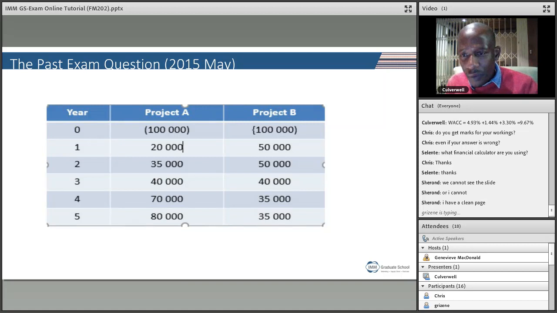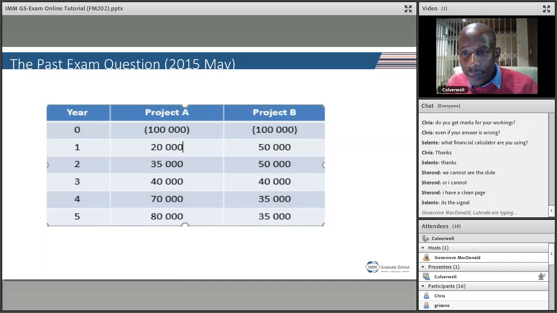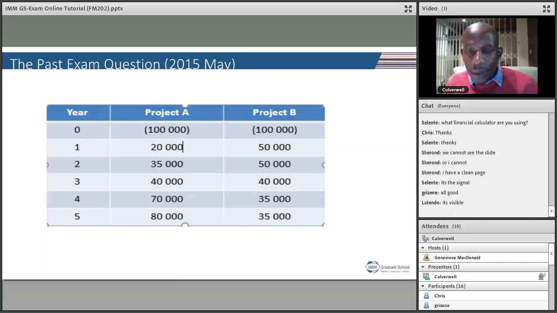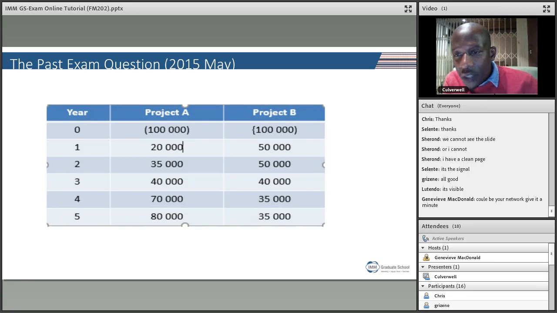Sherrod, can you confirm if you are in a position to see it now? Is that so? Okay, let me read out the figures. You can quickly jot them down. And the other guys, oh, maybe it is the signal. Oh, great stuff. It is visible.